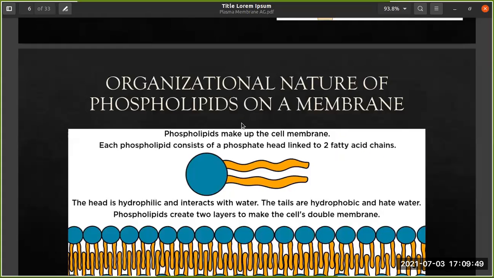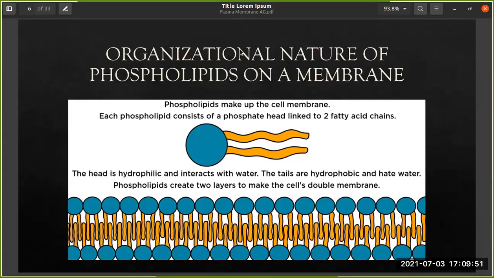Okay. So let us look at the organizational nature of the phospholipids. These phospholipids make up the cell membrane. Each phospholipid consists of a phosphate head. This is the phosphate head, and it is linked to the two fatty acid chains.